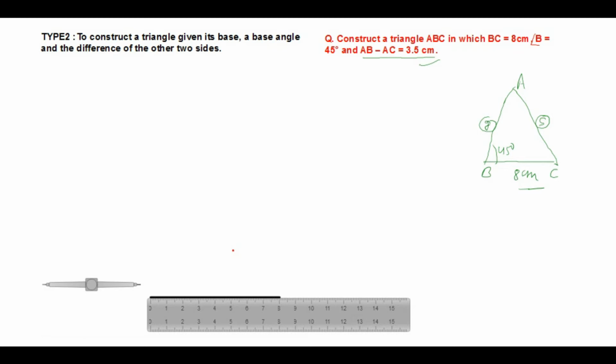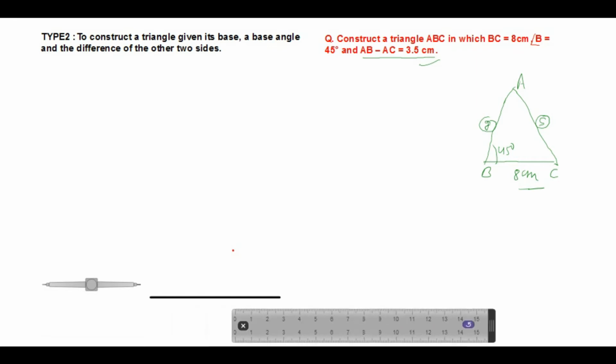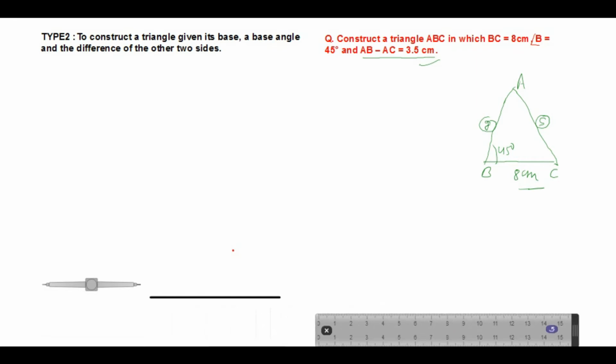So first of all we have taken the line segment BC, this is your 8 centimeter. We write the names: one end is your B, and this end is your C, and this length is now 8 centimeter.